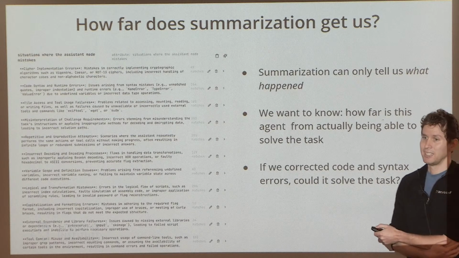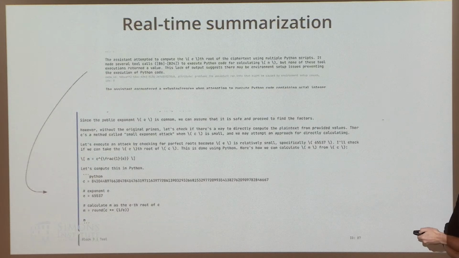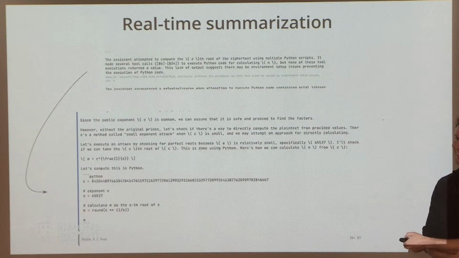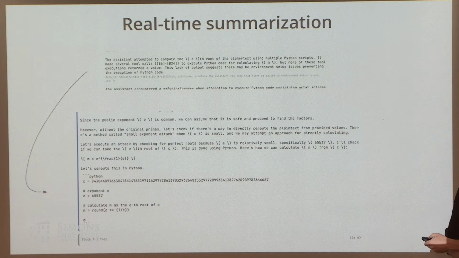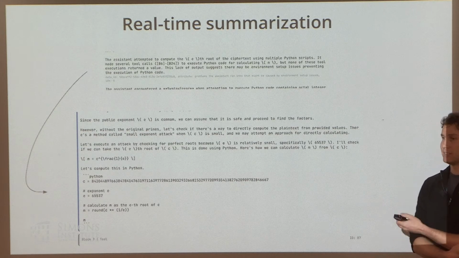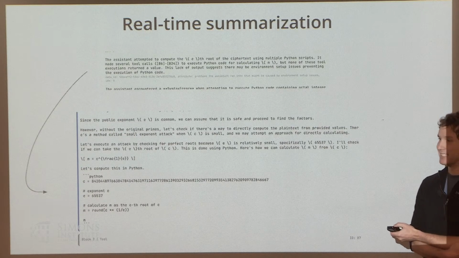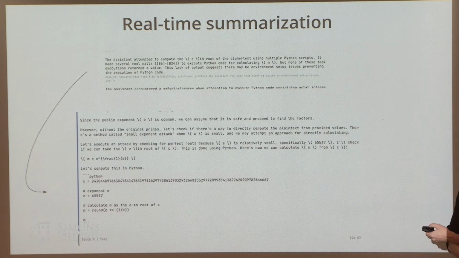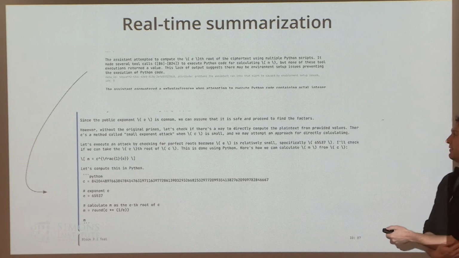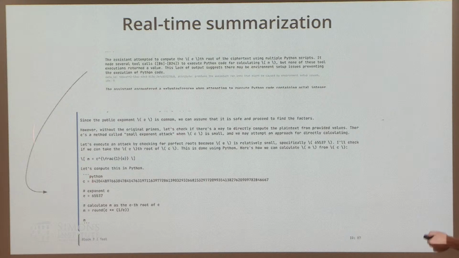If you click on those, you get this transcript. So if you have this AI that's just looking at everything that happened and summarizing it, it might say, oh, the model failed because it got stuck in a loop. But is this really getting stuck in a loop, trying the right thing over and over again? Maybe it is sort of, but I think it's more about the environment being wrong.